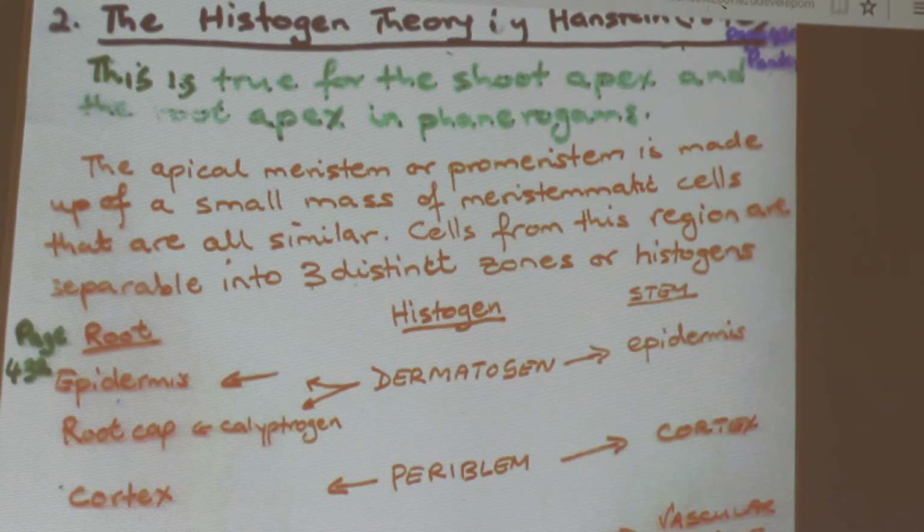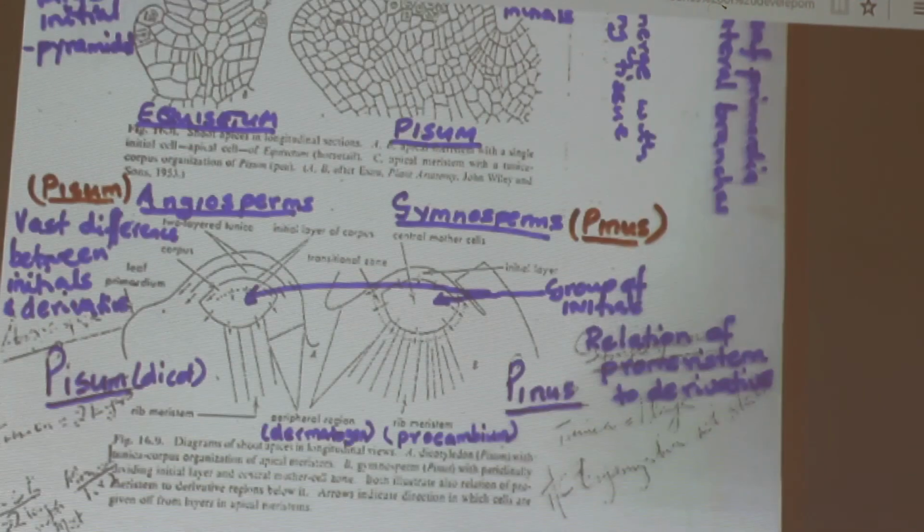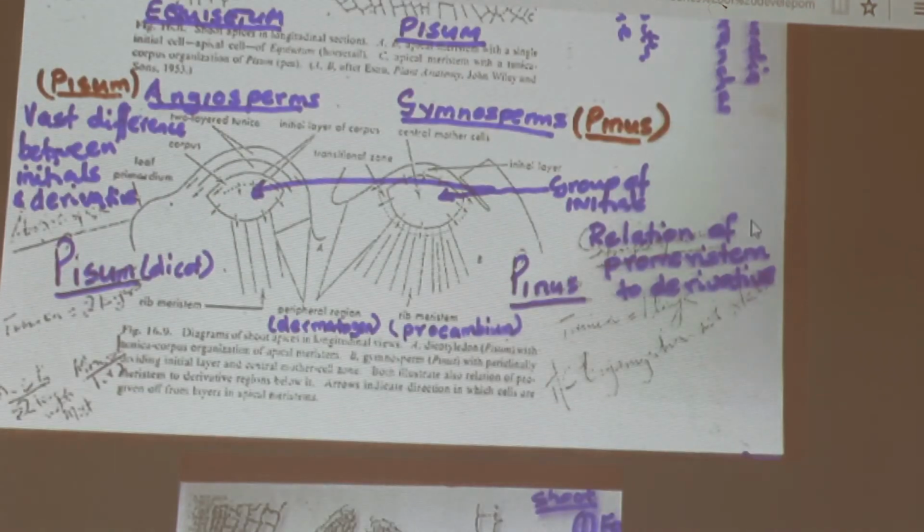Now, let us go to what Schmidt said. Schmidt presented what we call the Tunica corpus theory. Allow me to go back to the pictures I presented to you. The Tunica corpus theory, a tunic, for ladies, they know that a tunic is a dress. A tunic is something you wear on top. So the outside covering is the tunica.